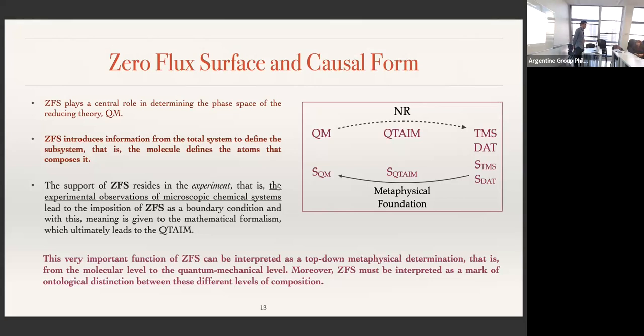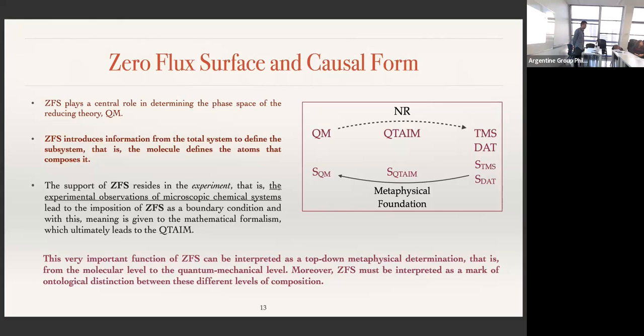So the crucial point for your statement here is the basis of experiment, because in the current state of affairs, we have experiment related to the electronic density. And electronic density, in a way, is related to the zero flux surface.